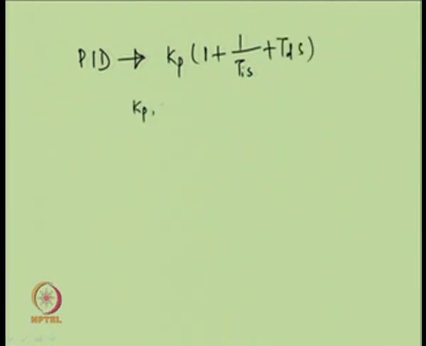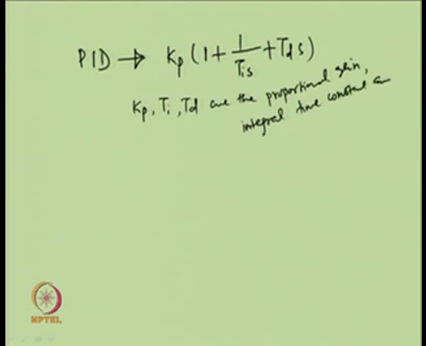where Kp, Ti and Td are the proportional gain, integral time constant and the derivative time constant of the controller. So, this form of transfer function is also known as the parallel form of the PID controller transfer function.